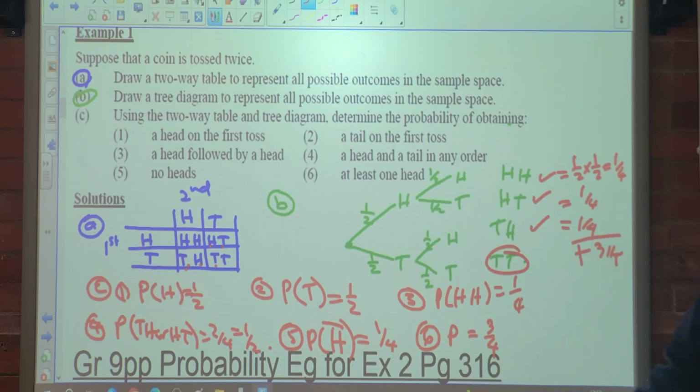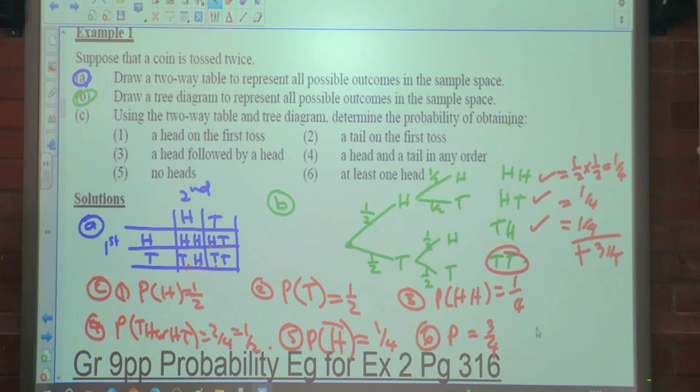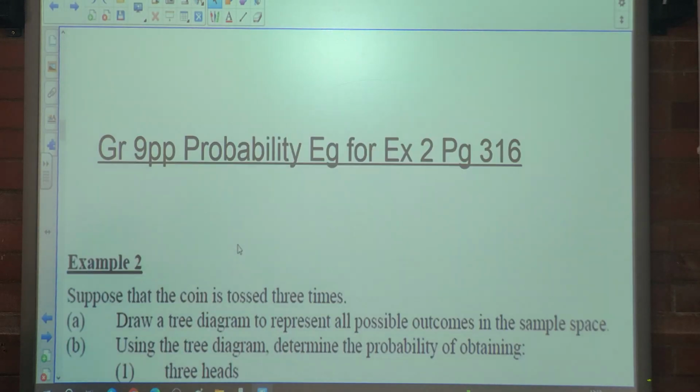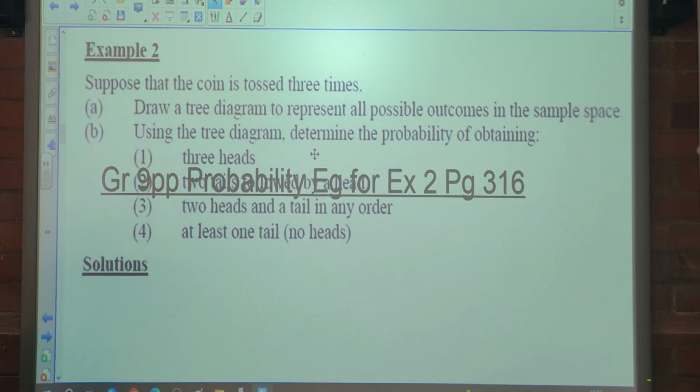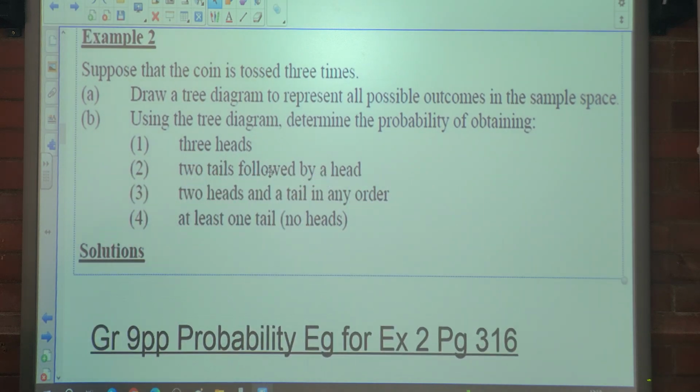You guys understand? Now, would we use both all the time? No, we would use one of the two. They'll either tell you to draw a tree diagram or use a two-way table, and then answer the question. Now we are told, suppose a coin is tossed 3 times.